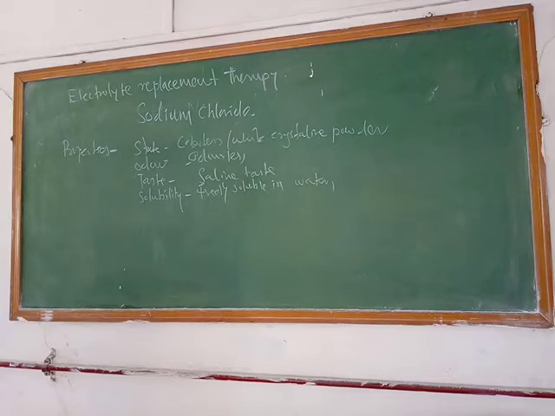It is used in sodium replacement therapy. It is a saline diuretic. In bromide and iodine poisoning, it is used as an antidote. It is also used as a dialysis solution, in emetics, and in homeopathic medicine. These are the various uses of sodium chloride.